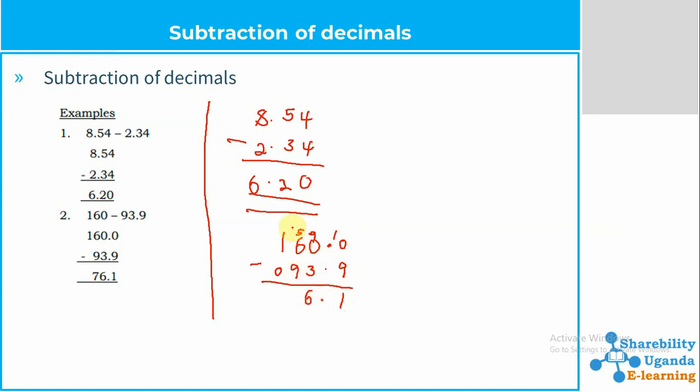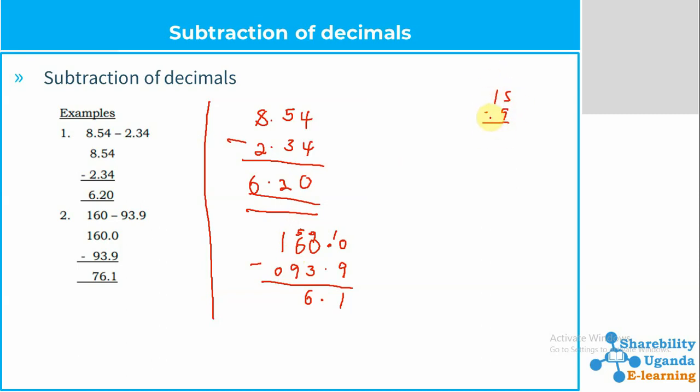Remember, this should be a point. Then we have 9 minus 5, or 5 minus 9, which is also still impossible. We should borrow 1 again. It becomes 15. So 15 minus 9, what do we get here?